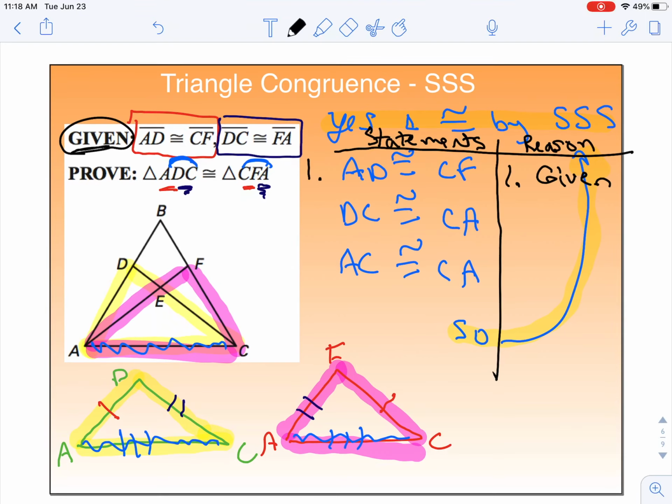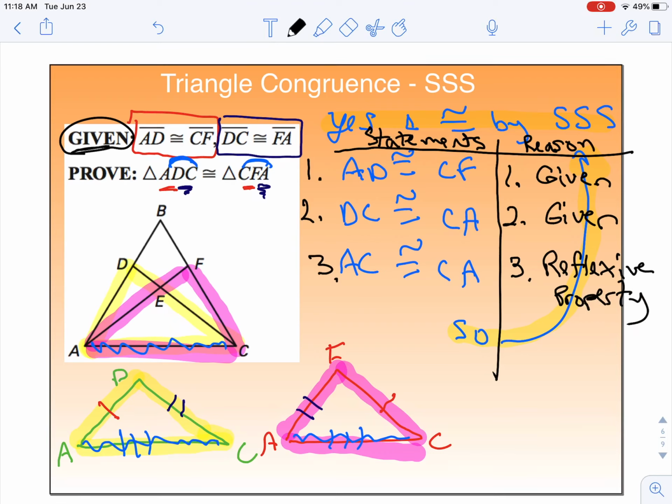It was in this given piece right here. The second statement was also given, and you could actually often just put those on the same line. The third statement I made, I wasn't given that information, but it's the same segment, and that is our reflexive property that allowed us to say, hey, the same segment is congruent to itself.